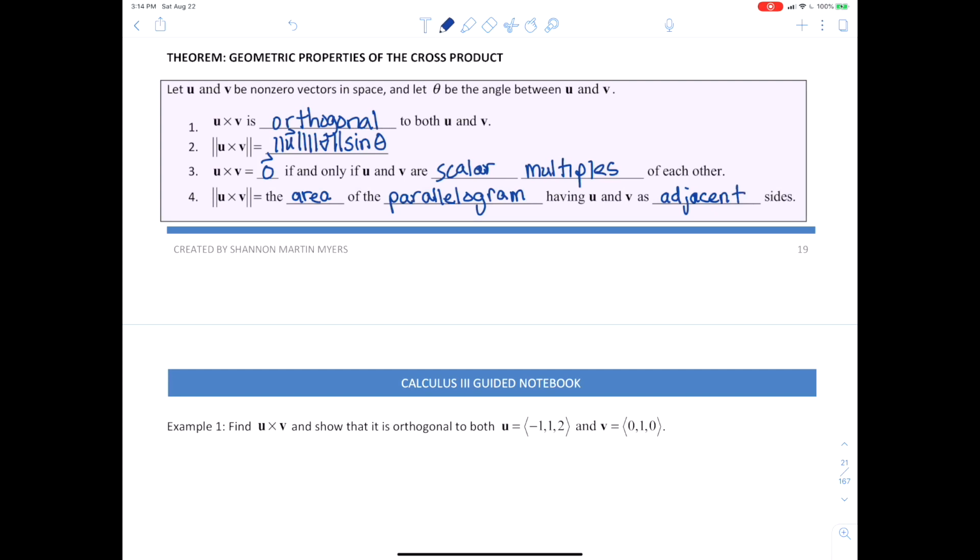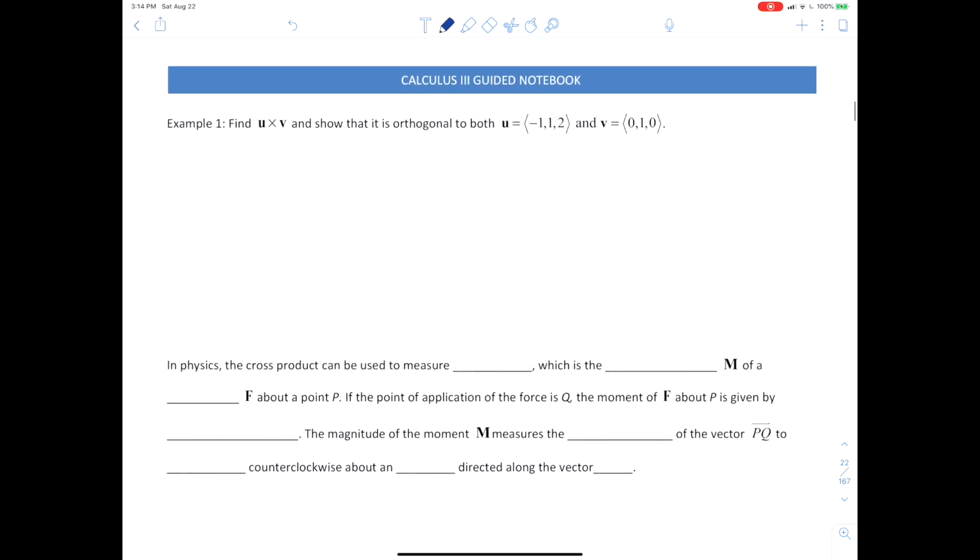All right, so let's take a look at an example. Find U cross V and show that it is orthogonal to both U and V. So let's do it. So now what are we going to have? So we basically have our cross product.